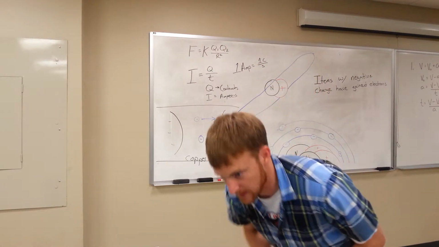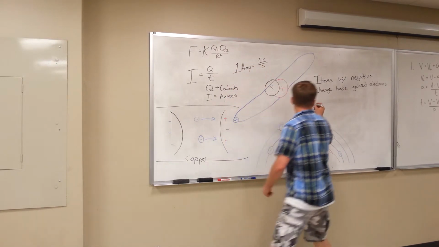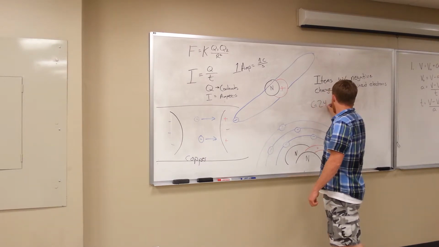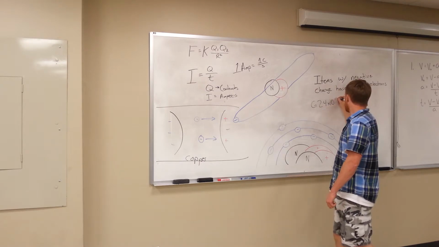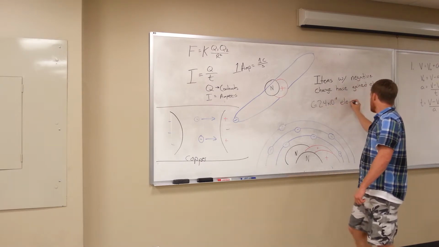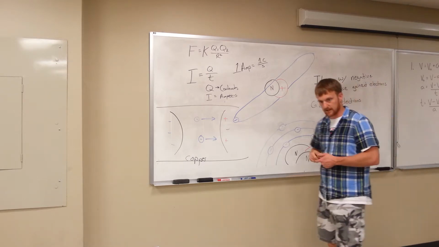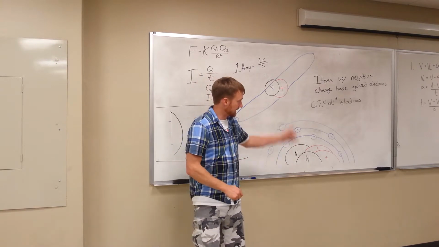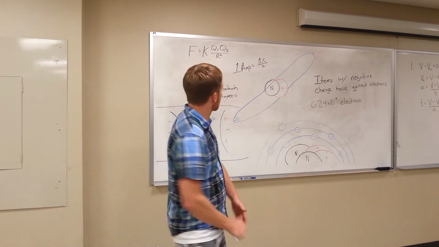And a coulomb carries a charge of 6.24 times 10 to the 18 electrons. That's a whole lot of electrons. Can't even begin to tell you what prefix of the unit that is. Okay, so that is that.